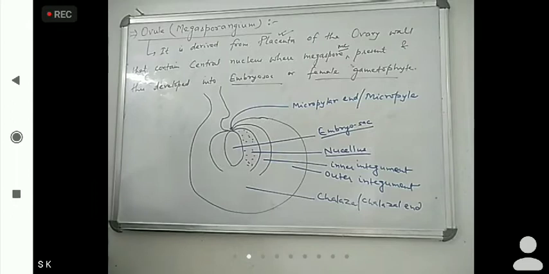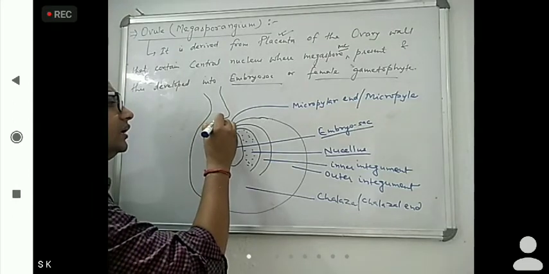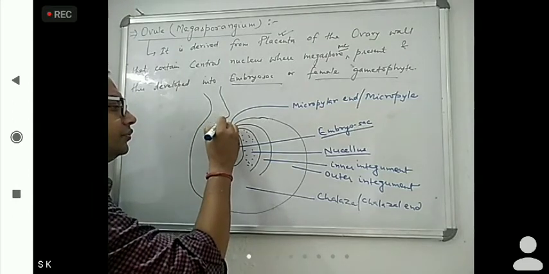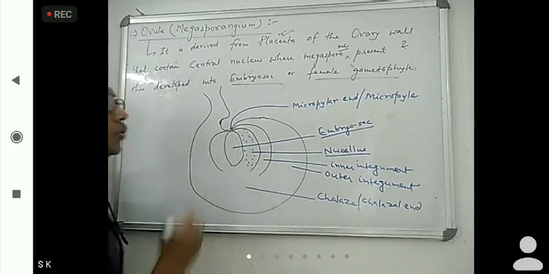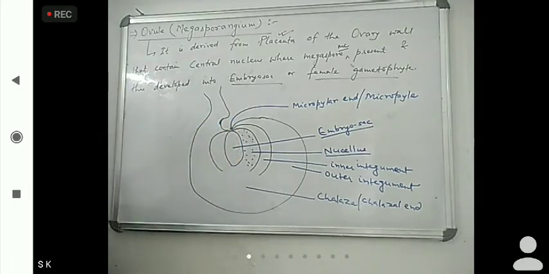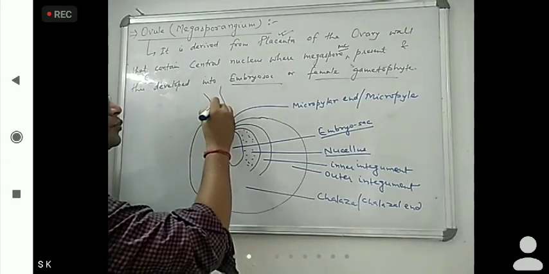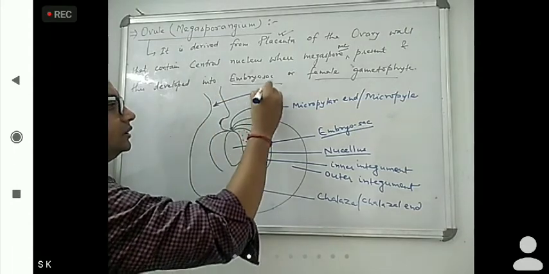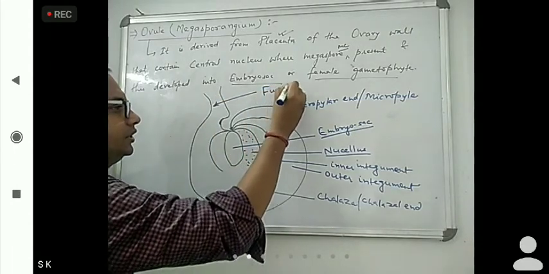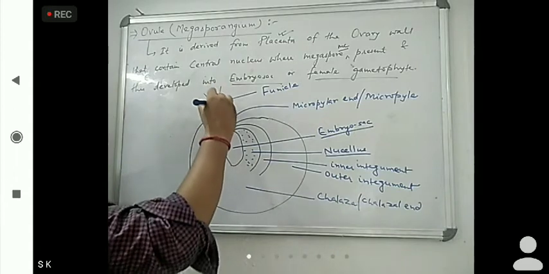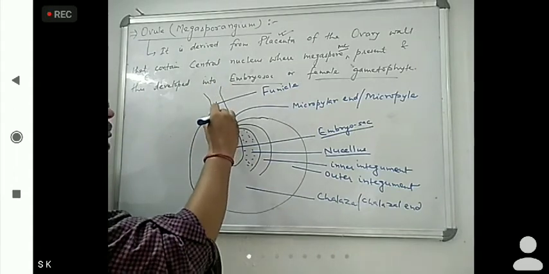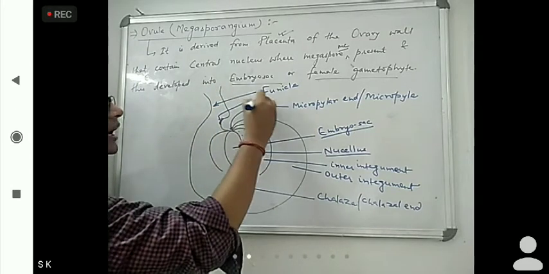Okay. Now, here you can see the attachment of this ovule, and this portion is known as a funicle. The attachment of funicle and body of ovule is known as hilum.